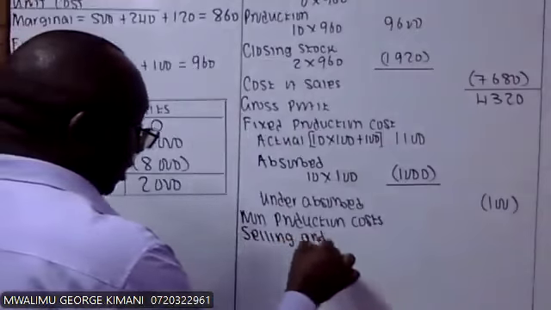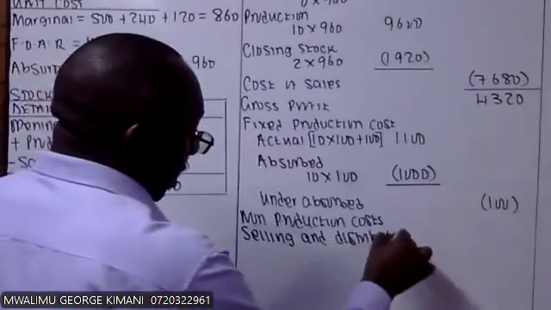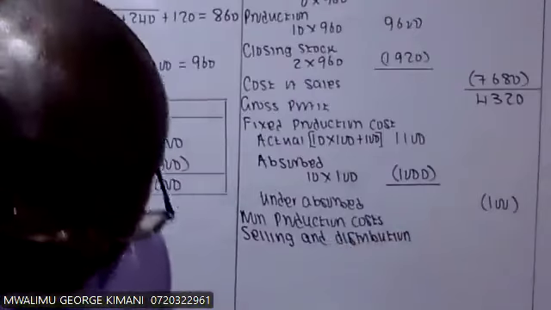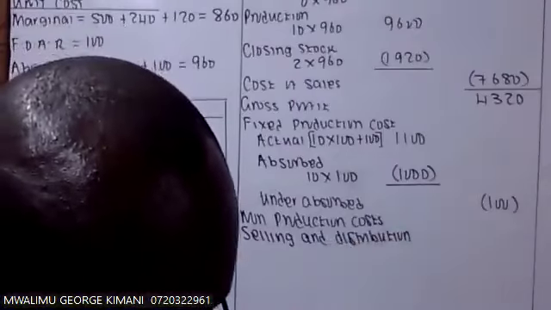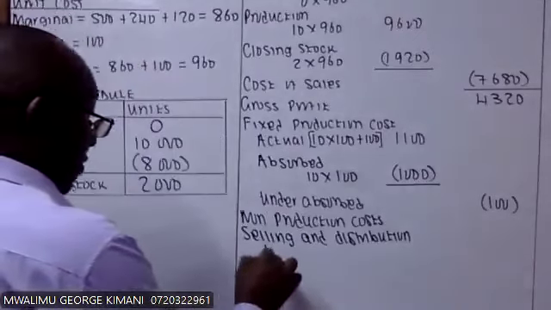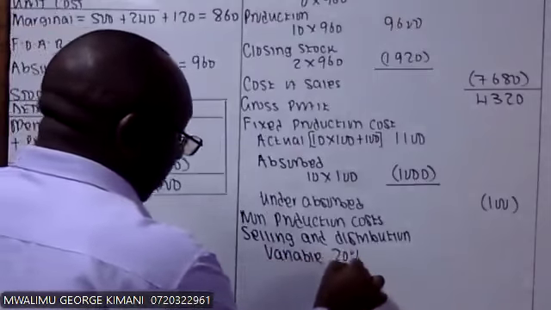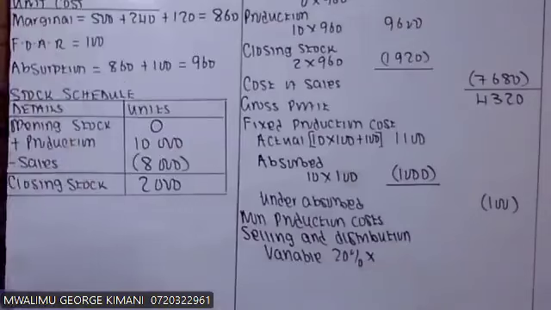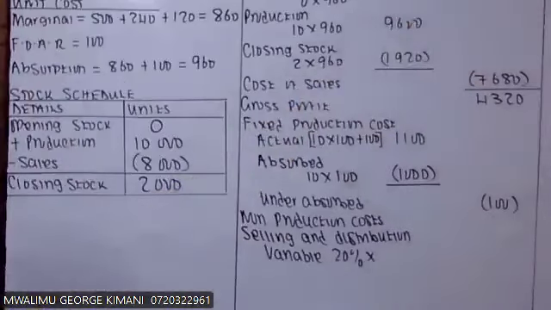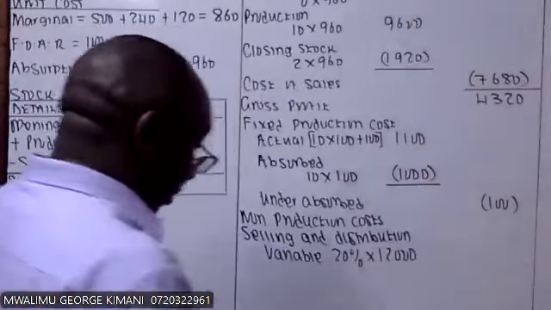In the selling and distribution, we have 20% of sales. So first of all, we have the variable. It is 20% of sales. So the sales here are 12,000. So tell me 20% of 12,000.